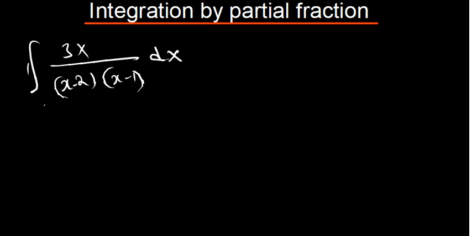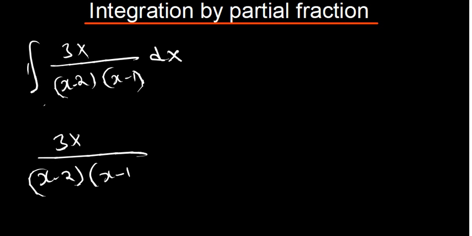Well, if you are trying to resolve a partial fraction, the way this function is, we are trying to come up with this. On top, we have 3x, then here we have x minus 2, then here we have x minus 1.